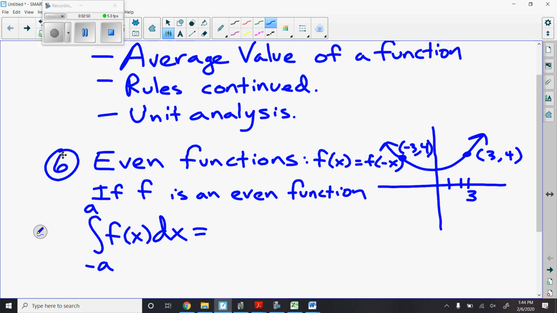If we have an even function and we do a definite integral from a negative value to that same value but positive, right? Imagine like negative 3 to 3.